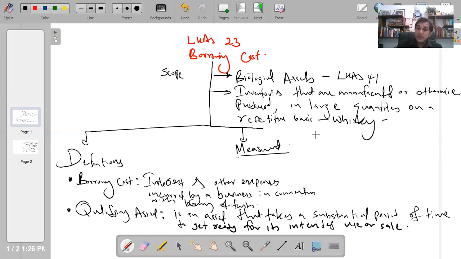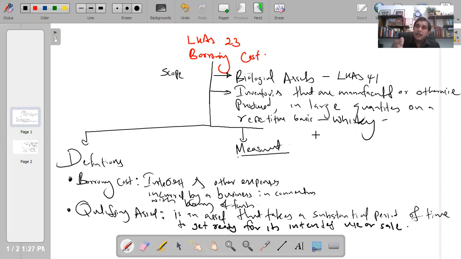But sometimes entities are obtaining several loans from different banks at different rates. That's called a common pool. Sometimes not only for the construction of a building or qualifying assets, sometimes in order to run the business, they have obtained some loans. There is a common loan, a common pool, right?